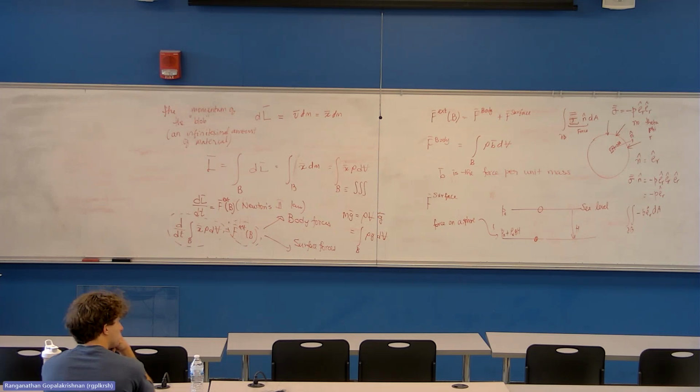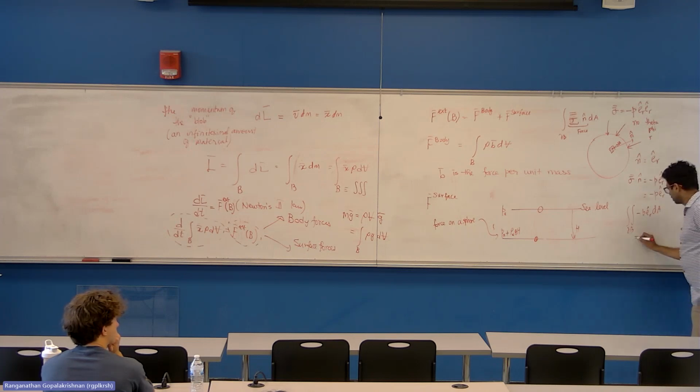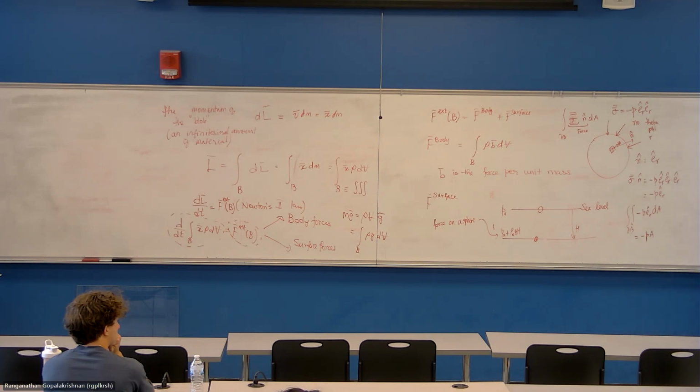We are not going to do any integration because P is a constant. It's the same value everywhere. What is the integral of dA? This is minus P, and you have to integrate over the surface, which is going to get you minus P times area.